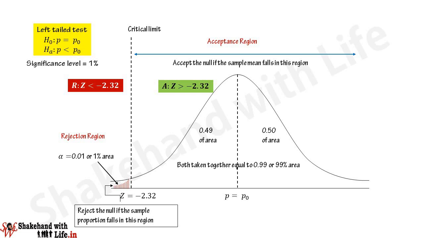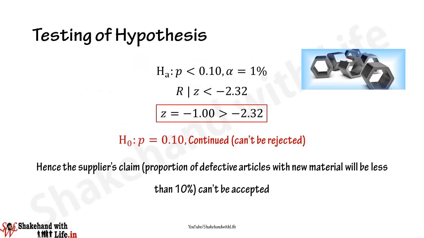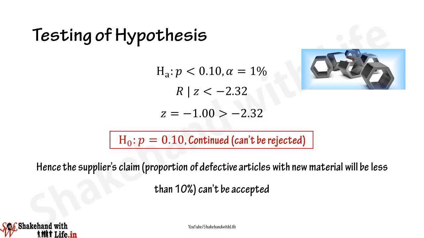But here the calculated value of Z, which is minus 1.00, is greater than minus 2.32. Hence the null hypothesis will continue and can't be rejected at 1% significance level. And hence you can conclude that the supplier's claim can't be accepted.